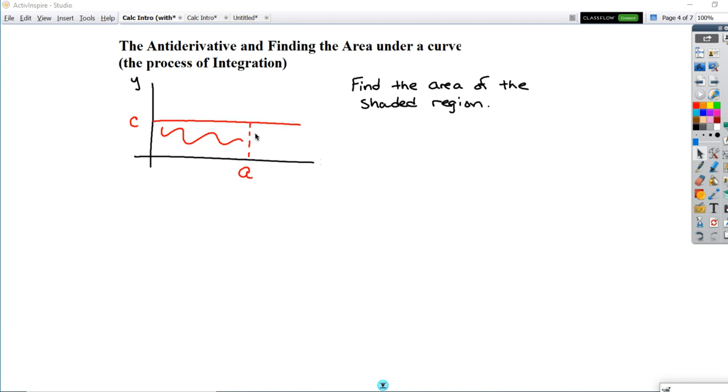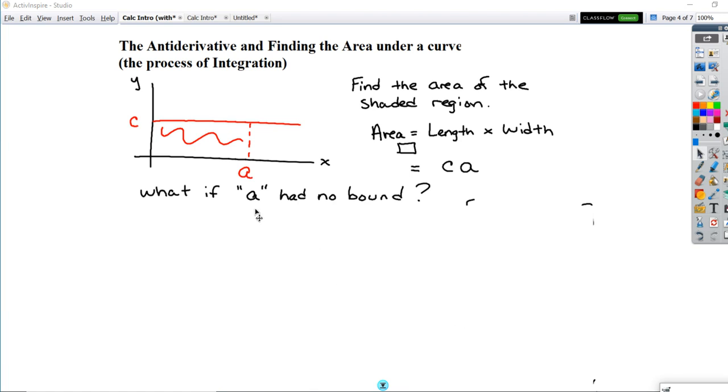Well, that's pretty simple. Once I've closed this off and I want to find the area from 0 to a, what I notice here is I've created a shape now, a rectangle, whose area is length times width. And so the answer to this question is the quantity c times a, length times width.